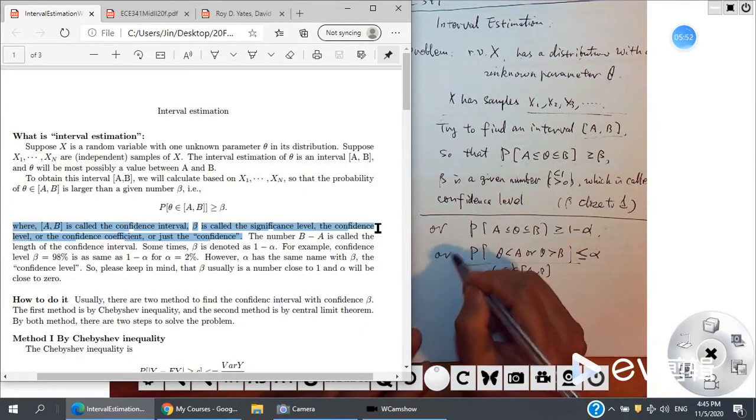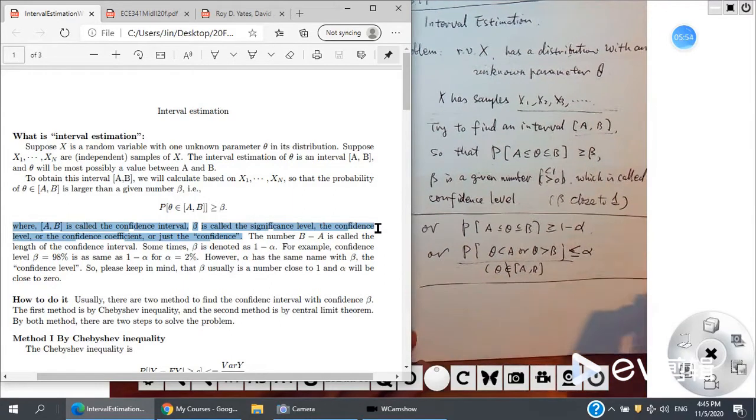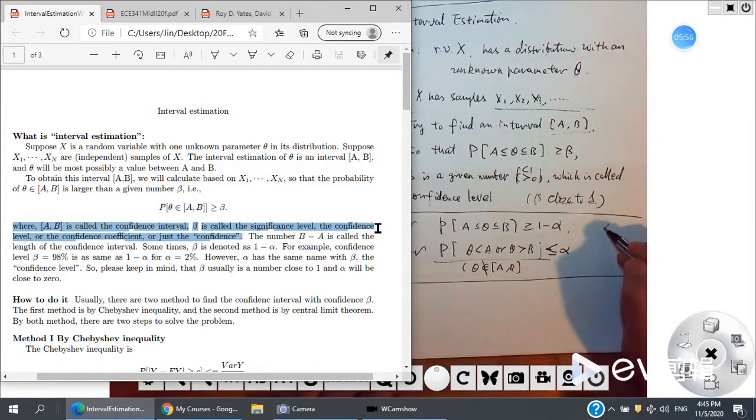Alpha is also called the confidence level.